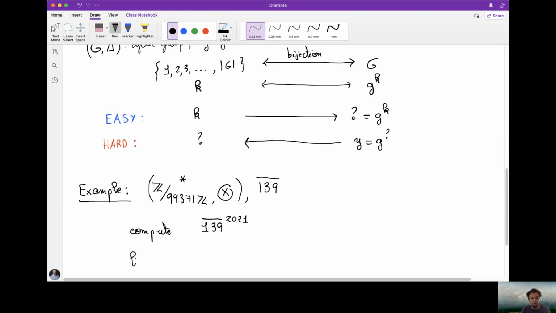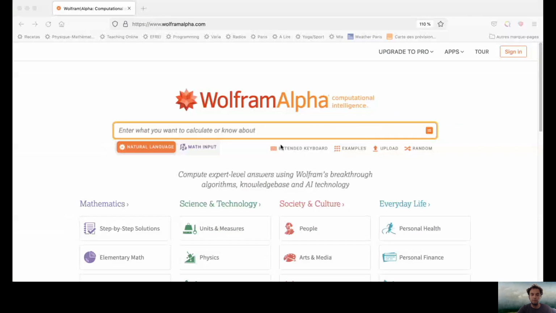The second question is, find x such that, taking the same number, 2021 is produced as an output as a power of 139. Which power of 139 will produce as an output 2021? Let's take a computer to do this calculation. Let's do this with Wolfram Alpha, but you can use any other means that you want.